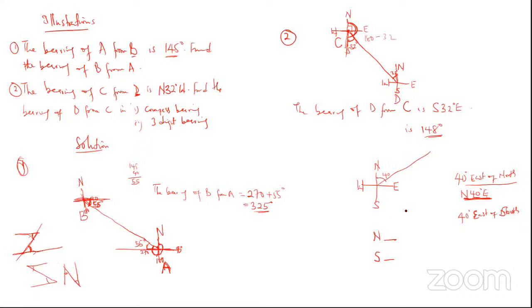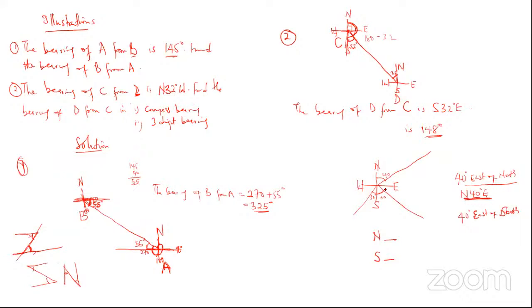You are starting from the south, you measure 40 degrees towards the east. And if you are starting from the south, you measure 30 degrees towards the west, it means like this, 30 degrees. So that is how you can do that particular one.